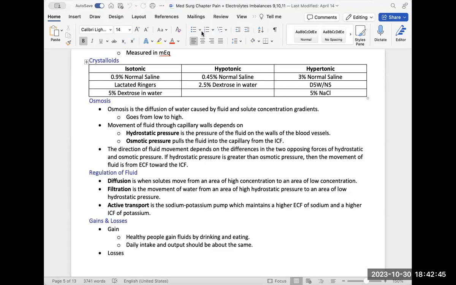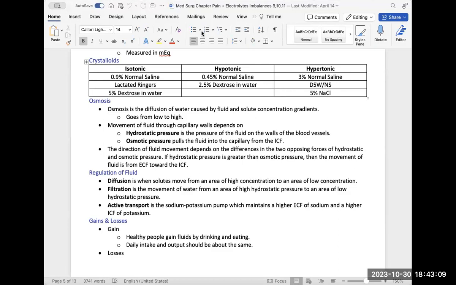Hypertonic is when the cell is really shrunken and shriveled, okay? Think about a tomato when it's really dried and crushed. That's kind of what a hypertonic cell would look like. And hyper means high. So that's going to be higher than our isotonic values.